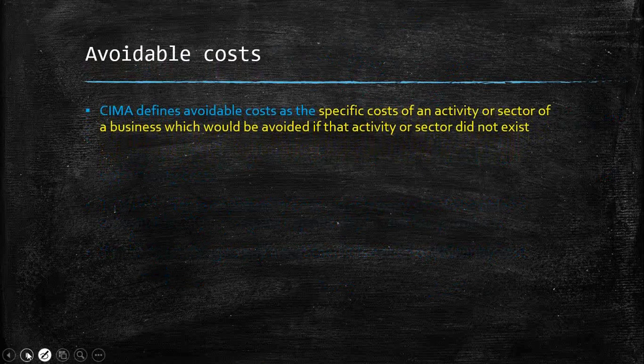But not only variable cost, you might have certain fixed cost which could be avoidable. Maybe you have a factory in 3 different locations, or 3 offices in Dubai, in Bahrain, and in India.